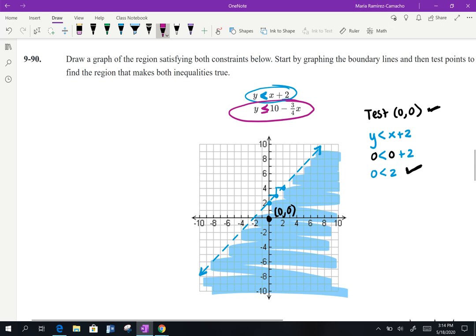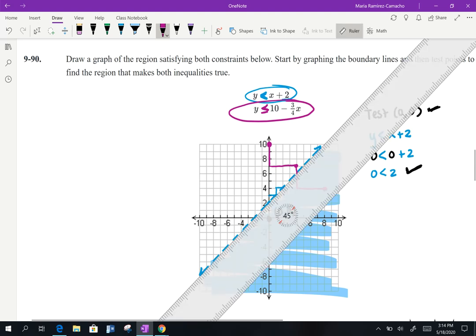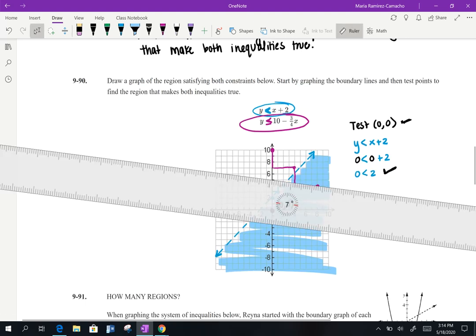My y-intercept is 10, so starting at 10, I'm going to draw my slope triangle. My slope is negative 3/4, so that means that for my slope triangle, I'm going down 3 and over 4. Then down 3 and over 4, and connect those points with a solid line.